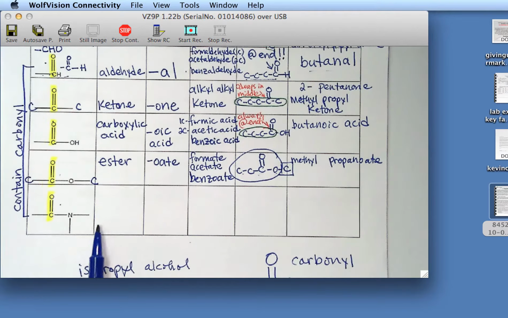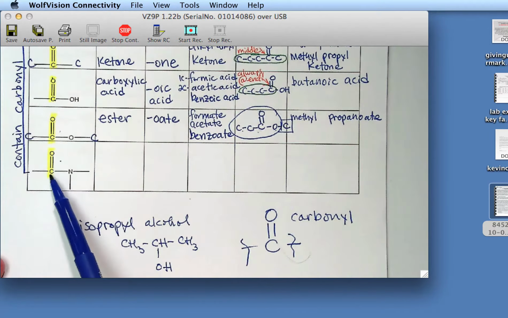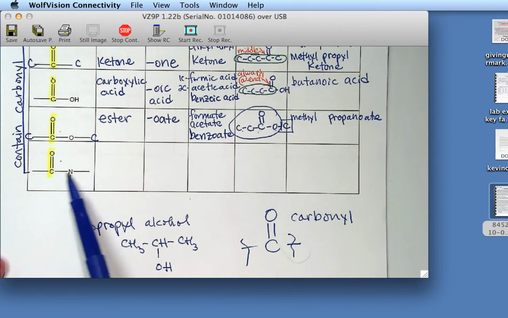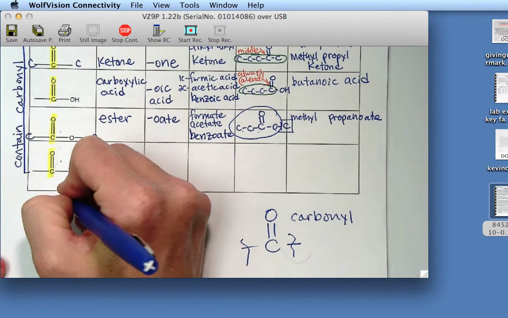Okay, so then the last functional group looks like a ketone has married an amine. So it's a ketone glued to an amine. And it can have hydrogens here or carbons.